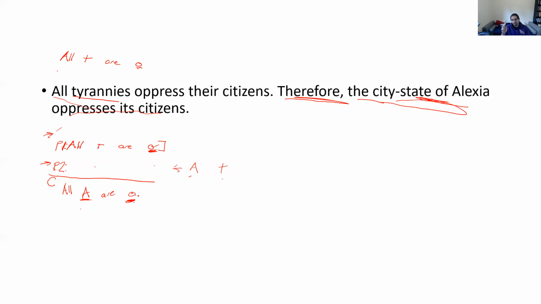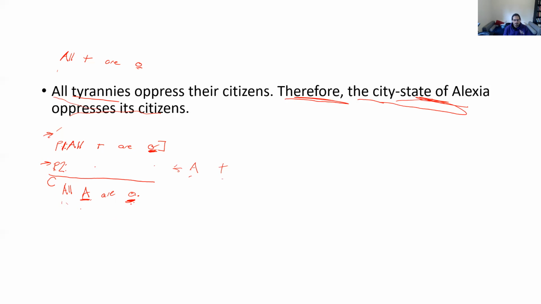And if you have a negative conclusion, you must have a negative premise. Now, if premise 2 was negative, if it was an E or it was an O, that would force the conclusion to be negative as well. But the conclusion is not negative. Therefore, if this argument is valid, it must be either an A statement or an I statement.